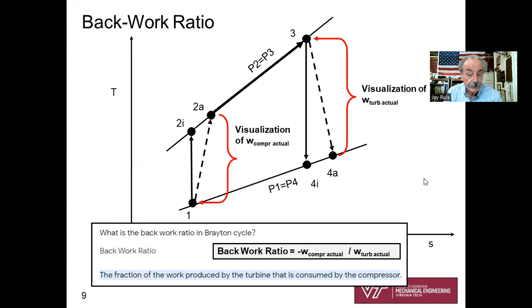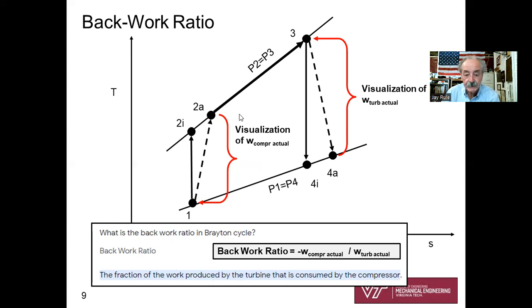Now, depending on the section you're in, this may or may not be a new definition of a performance measure for gas turbine engines, called the back work ratio. So as I go to Wikipedia or Google University and ask what's the back work ratio in the Brayton cycle? Well, it's the fraction of the work produced by the turbine that's consumed by the compressor.